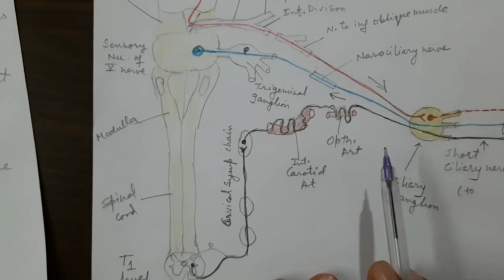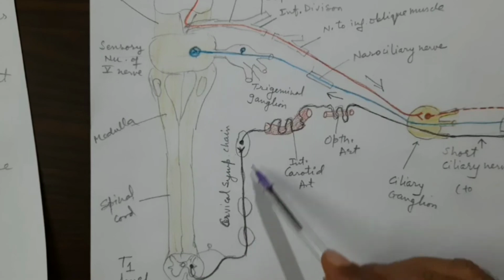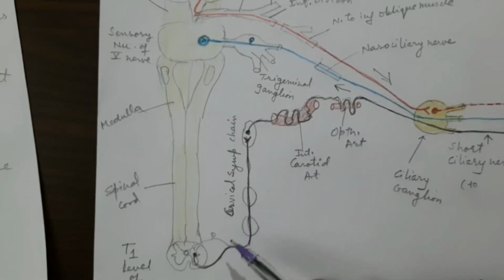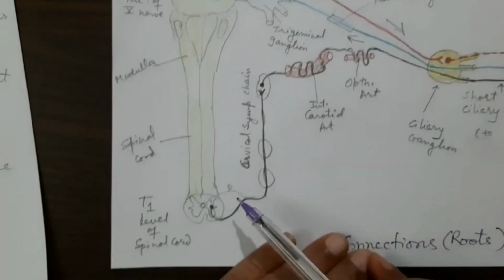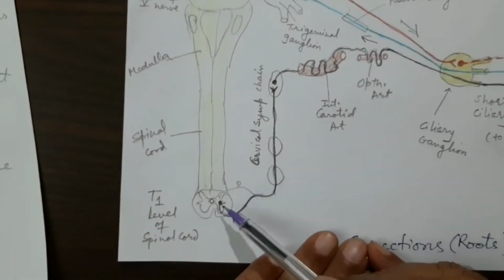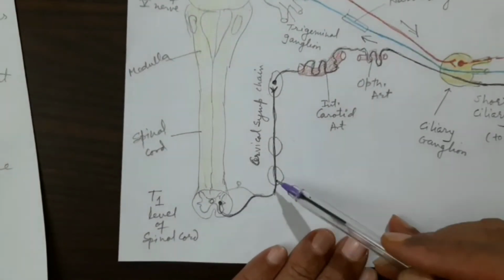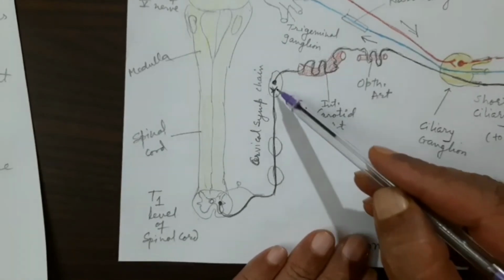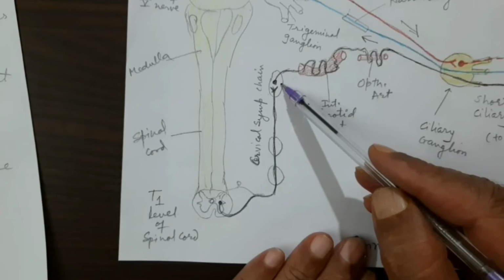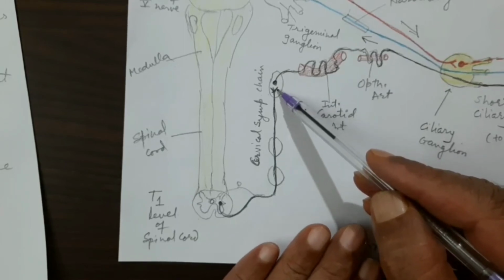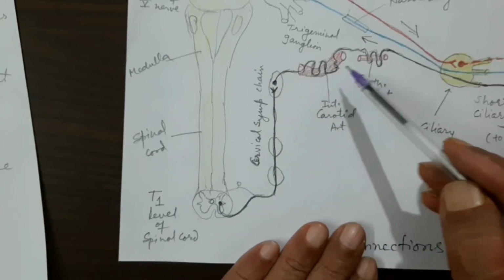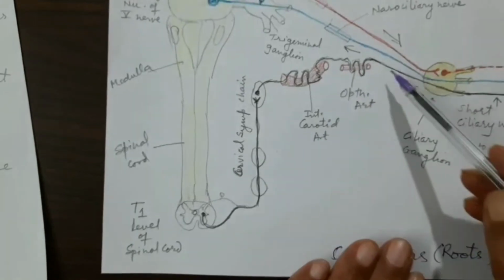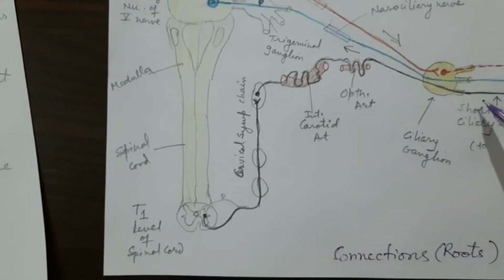Then the third root is the sympathetic root, which I have drawn with the black color here. The preganglionic fiber is located at the T1 thoracic level of the spinal cord. Then it will jump to the sympathetic chain, then come to the superior cervical ganglion, then jump to the internal carotid artery, and when it gives the ophthalmic branch, it will run on the ophthalmic artery and come to the orbit.